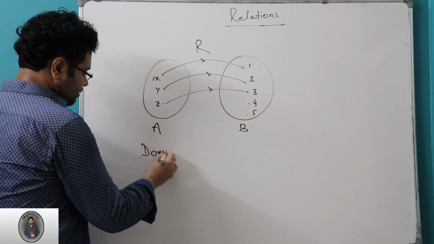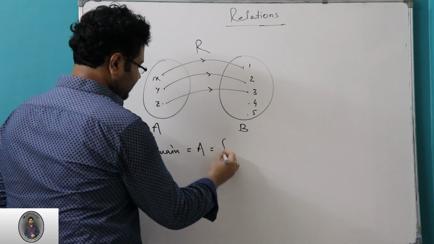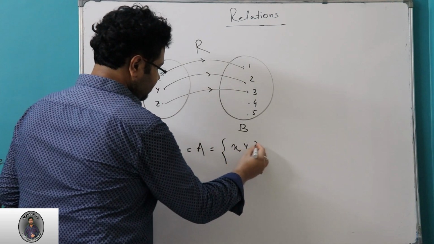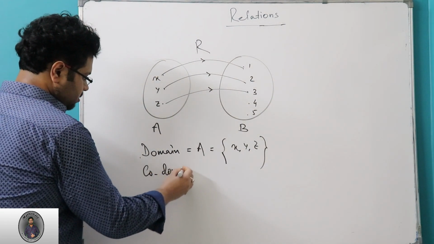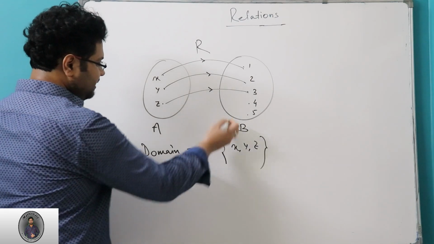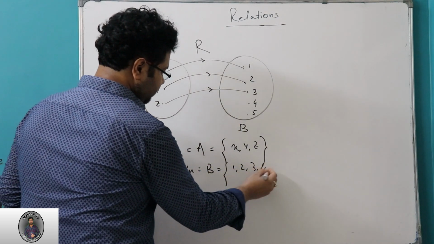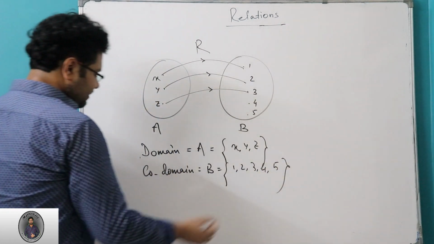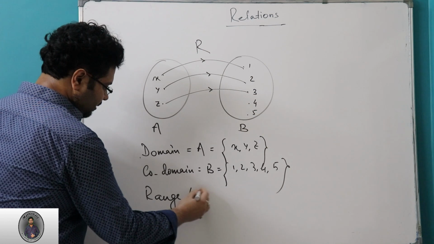So domain is equal to A, and it will be the set {X, Y, Z}, and codomain will be the set B, and it will be {1, 2, 3, 4, 5}. And there is one more thing, that is range or image set.